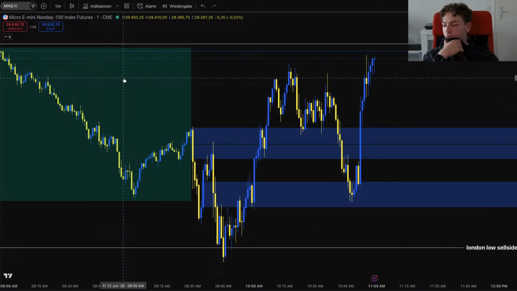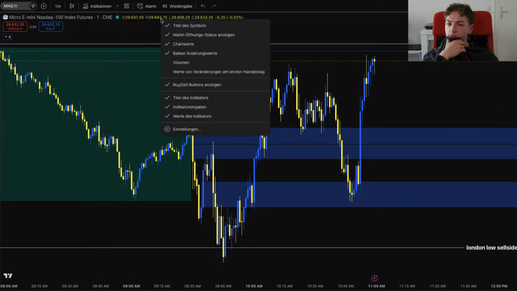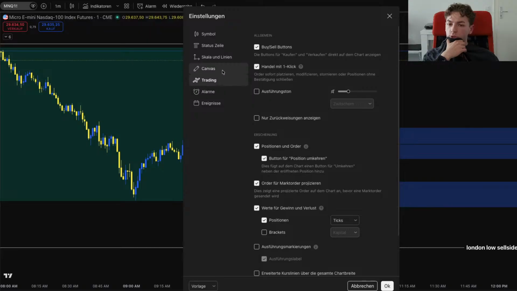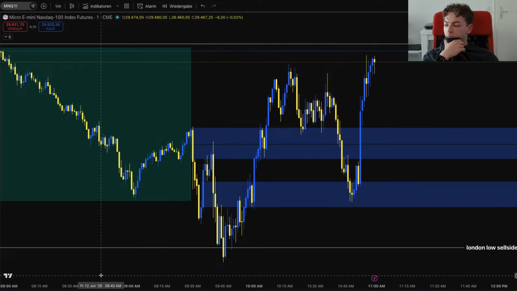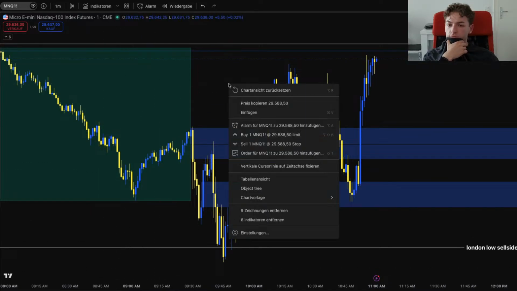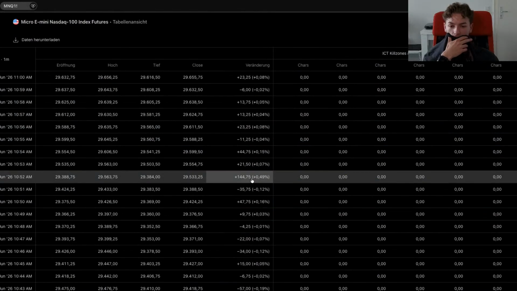How can I extract that data from TradingView? Right click the canvas. And then?